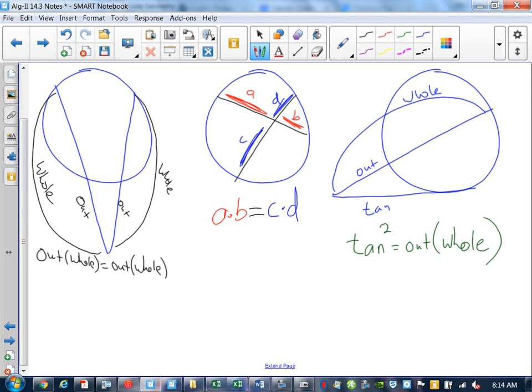Try that again. Remember, it's 4x quantity squared, which means, technically, 4x times 4x, which is 16x squared. Don't forget that. That is something that shows up because it's algebra.